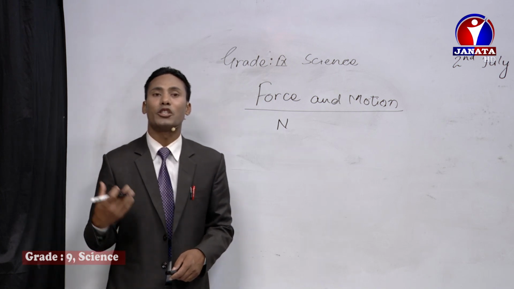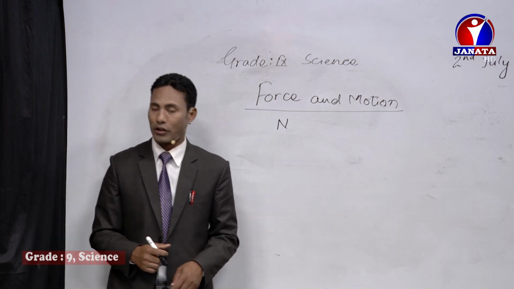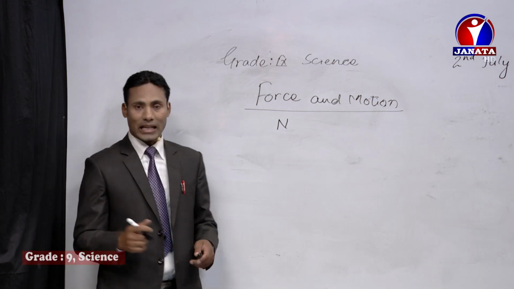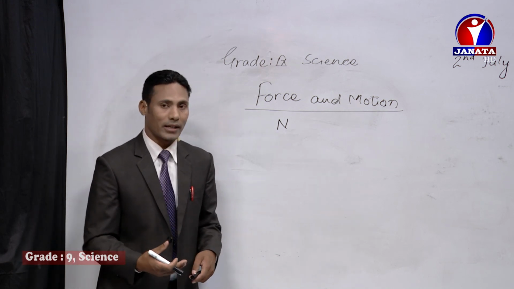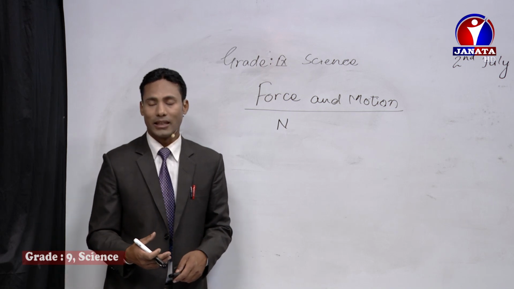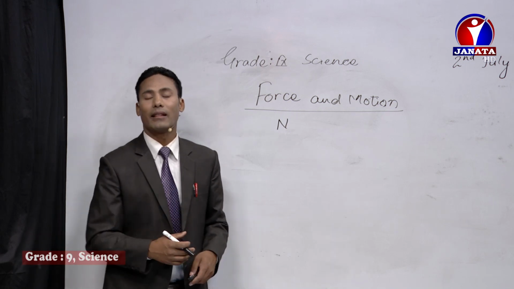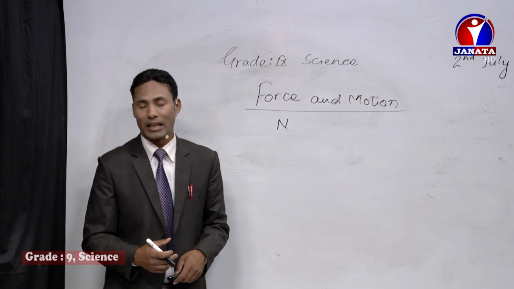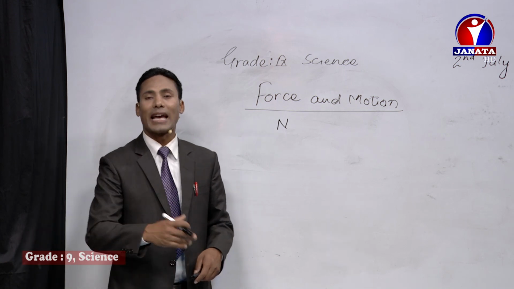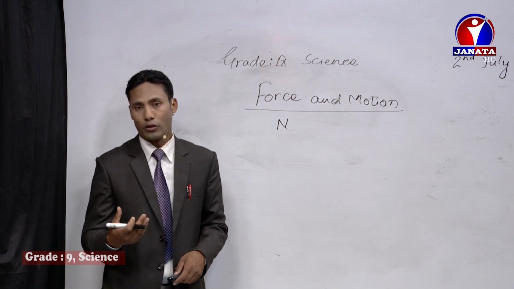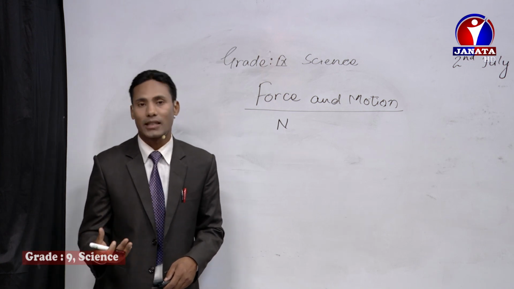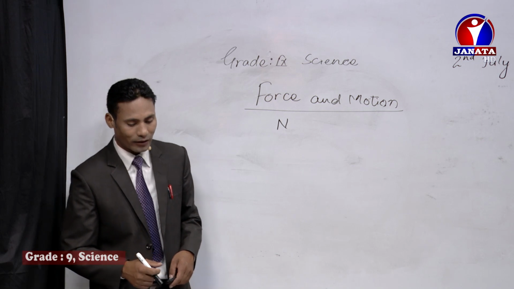So speed gets changed when we apply the force. Similarly, you might have seen that when the bowler throws the ball towards the batsman, the batsman hits the ball in the opposite direction. That means by applying the force, we can change the direction of a moving object also.